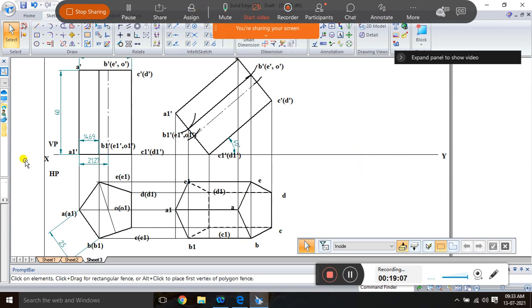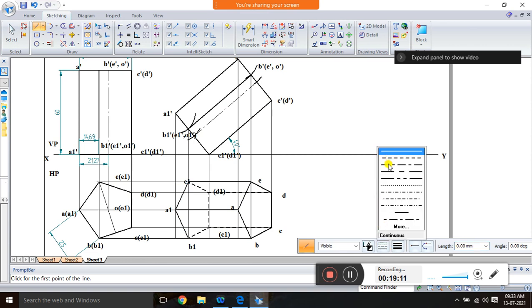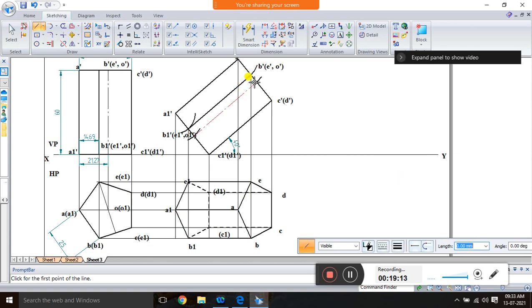And finally you can draw an axis. So this is an axis.